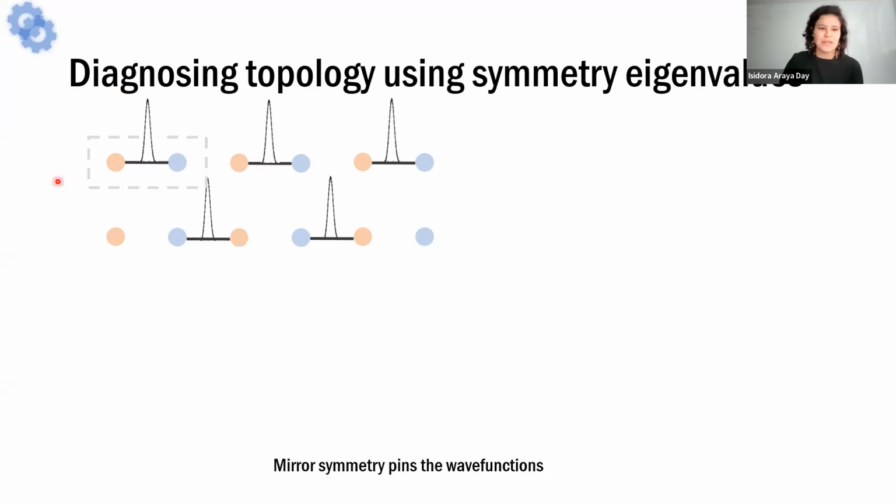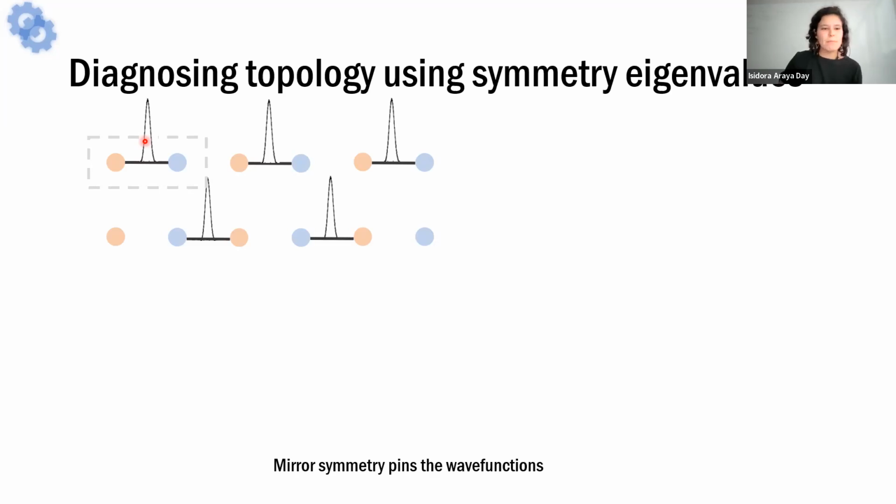And here, the symmetry that I'm considering is mirror, so inversion, such that we fix a vertical axis here at the center of the unit cell, and we make sure that the left side is the mirror image of the right side. And so if we impose this restriction, we will see that the wave functions can only be sitting at the center of the unit cell or at the edge, because these are the only two symmetry invariant positions in real space.